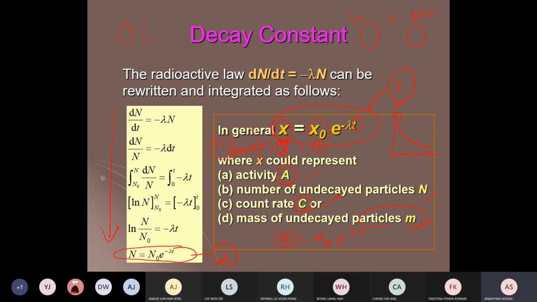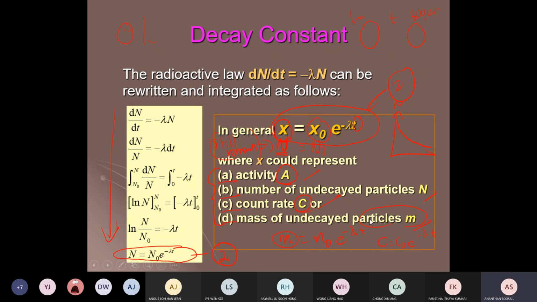They can ask about count rate. They can tell you the original count rate at time 0 is 20,000. After two hours, what is the new count rate? Then use C equals C naught e negative lambda t, where x is replaced with C, and so on. So these four quantities decrease exponentially.